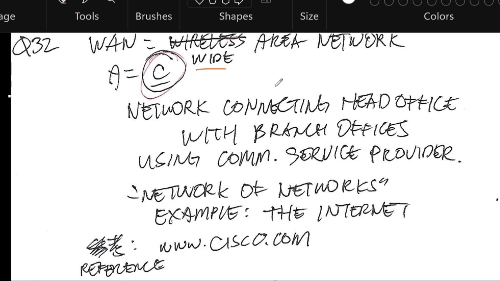And according to the Cisco website, it's a network of networks, which is pretty much the internet. Therefore, if we're connecting head offices and branch offices, which should cover a farther distance, then that would be the correct answer for the wide area network.